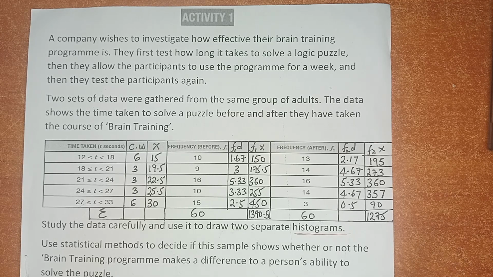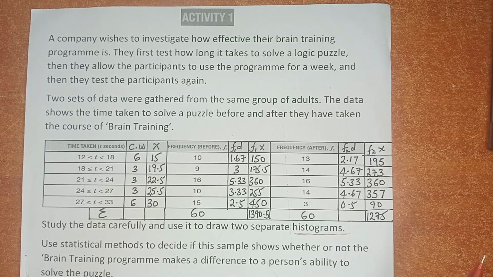And one thing we must know: for the training to be effective, the people trained should be able to take less time solving the logic puzzle after training than before training.